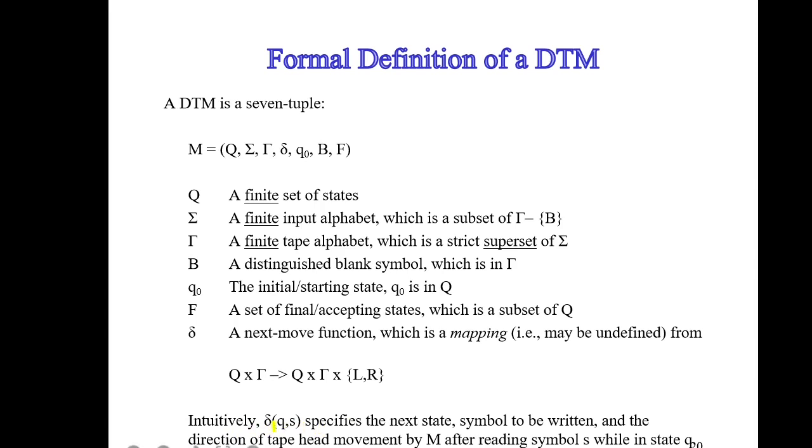Delta means the transition from one state to another state. After taking the symbol, it specifies the next state, the symbol to be written, and the direction of the tape head movement by M after reading symbol S while the state is Q.